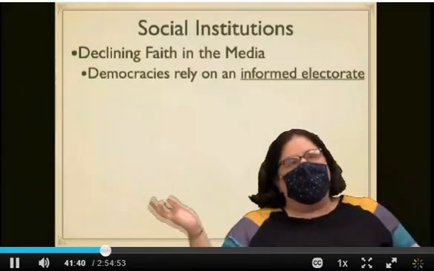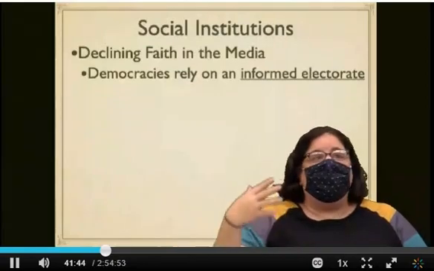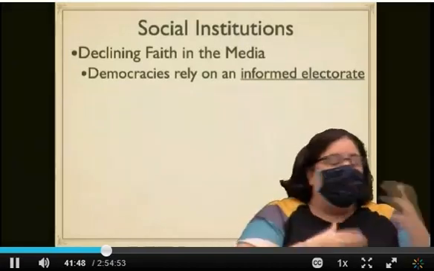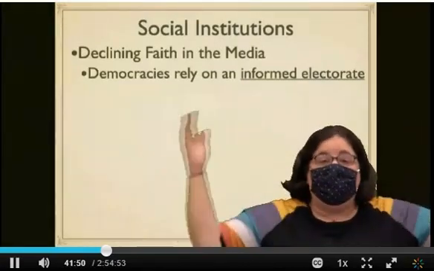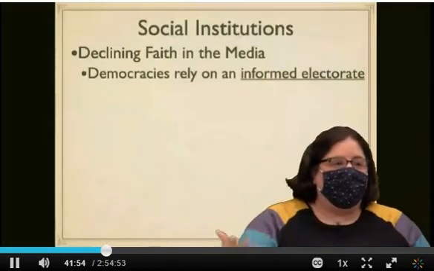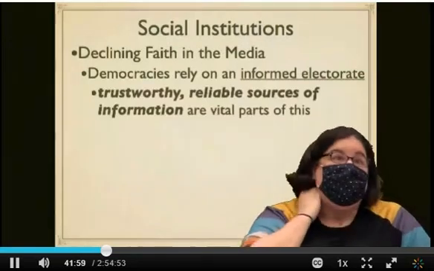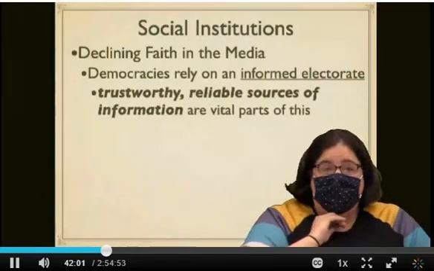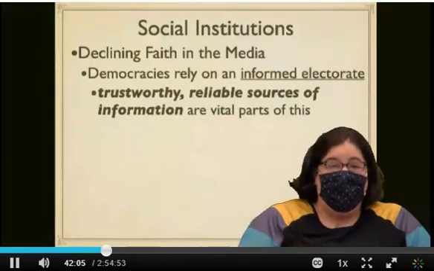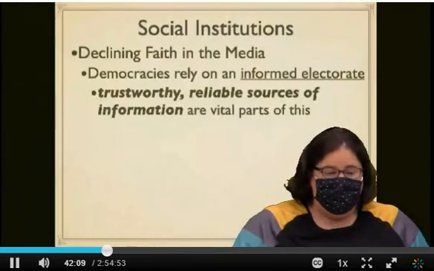Now, in reality, not everybody is an informed voter. Not everybody votes with their conscience. Not everyone includes that in their decision making. But the idea of democracy is all the voices together should be informed as a whole. And so we need an institution like the media that can provide trustworthy, reliable sources of information to the voters.